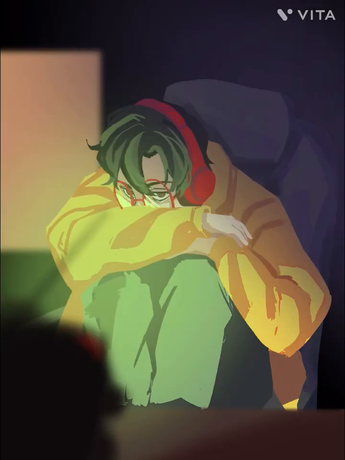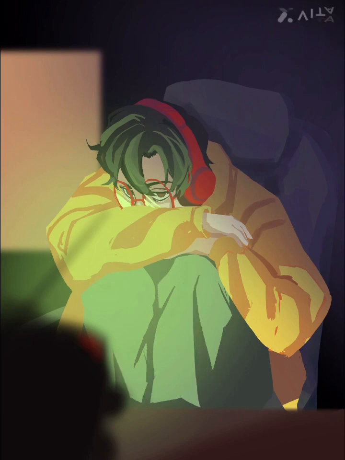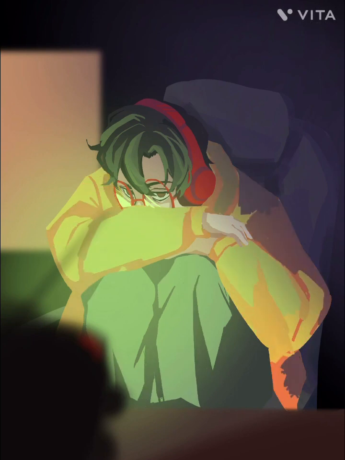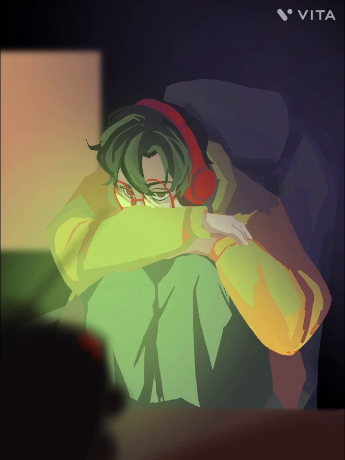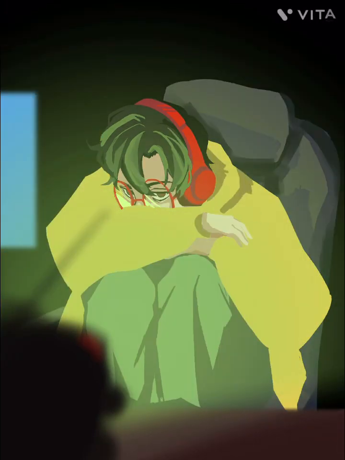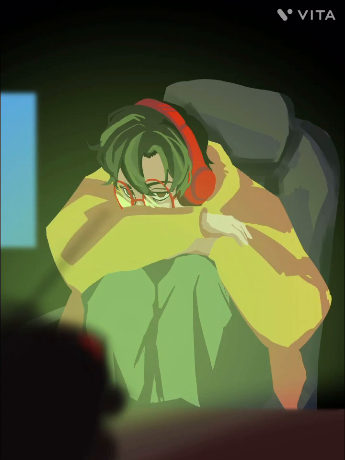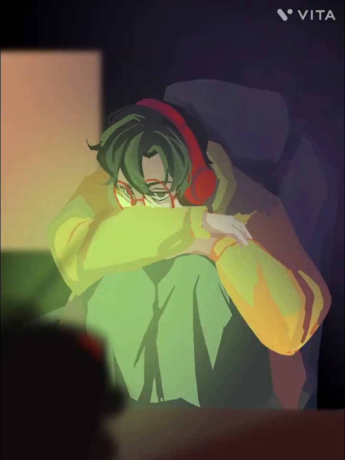And I chose green and violet because of the color theory thing called complementary colors. It's basically just picking two colors that are opposite of each other on the color wheel. So that's green and violet. And in here he's looking at a radio scanner, that's why it's green.